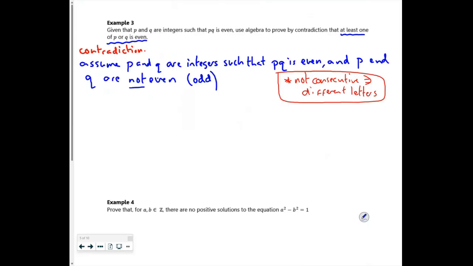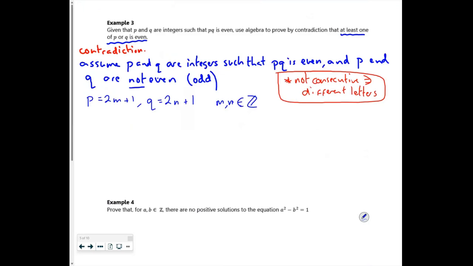Right, so let's set P up as 2n plus 1. Let's set Q up as 2n plus 1. There. M and N are integers.